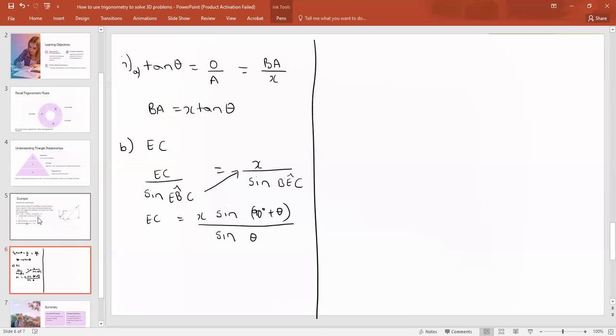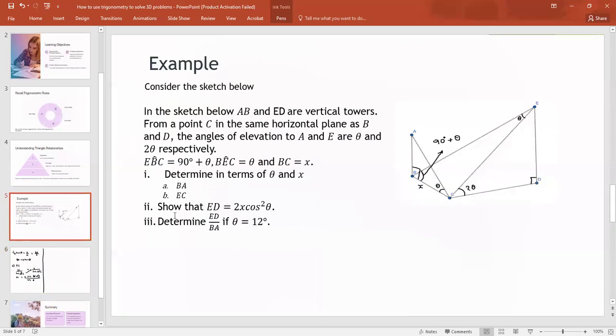The next question, remember, demands us to show that ED is equal to 2x times cosine squared of theta. How do we obtain that? We go back to our sketch and determine where ED is. So we have ED here.